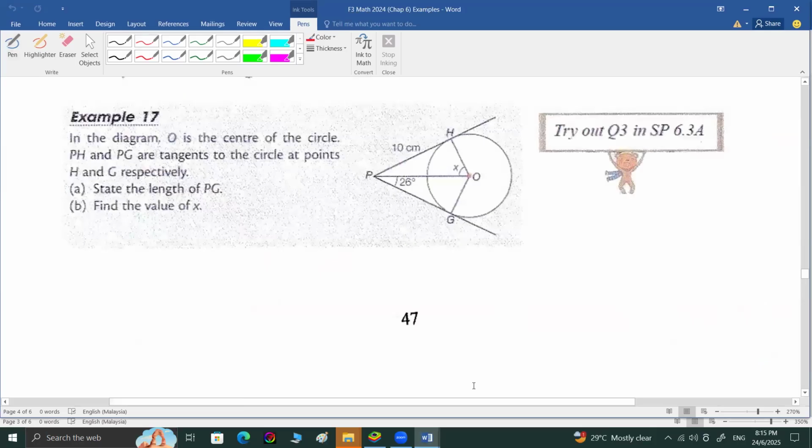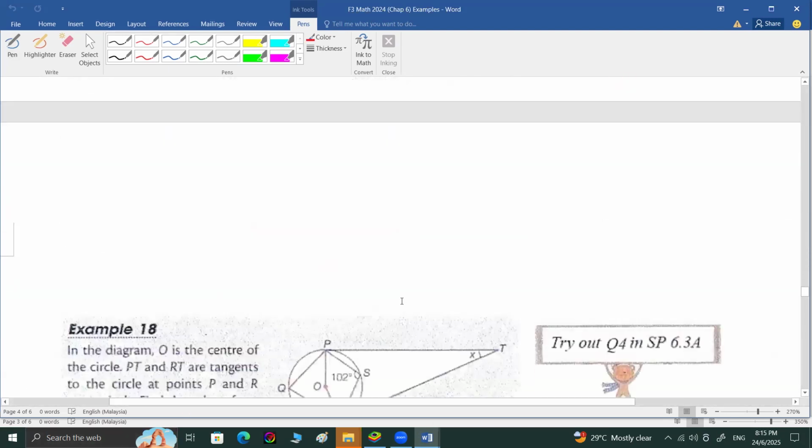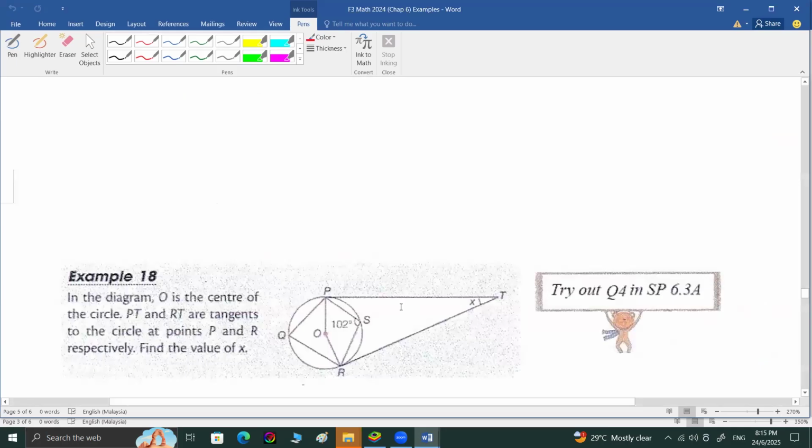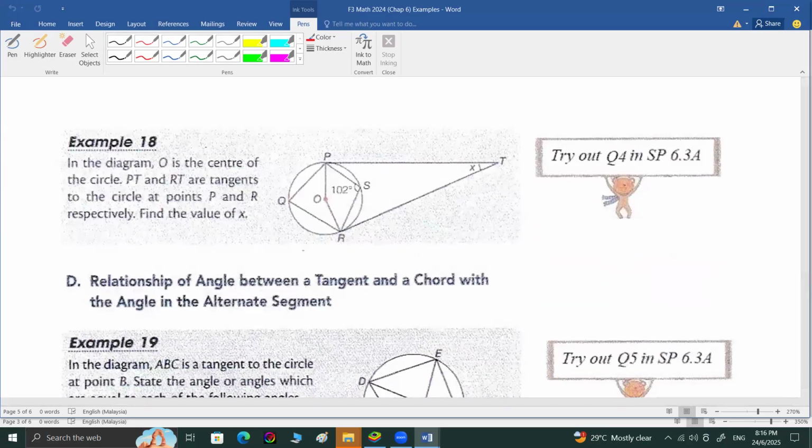Ready for the example. Okay, just now should be which example? Hold on there, class. Okay, look at example 18, class.